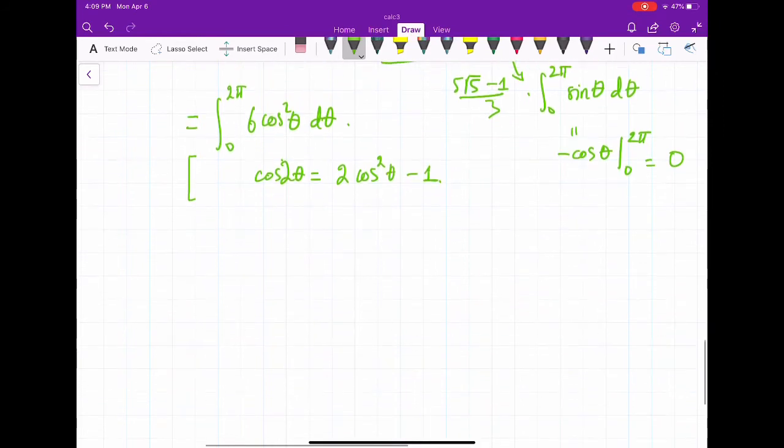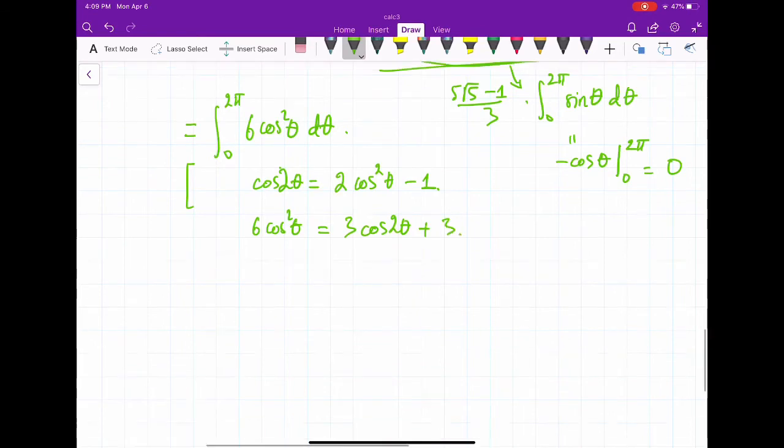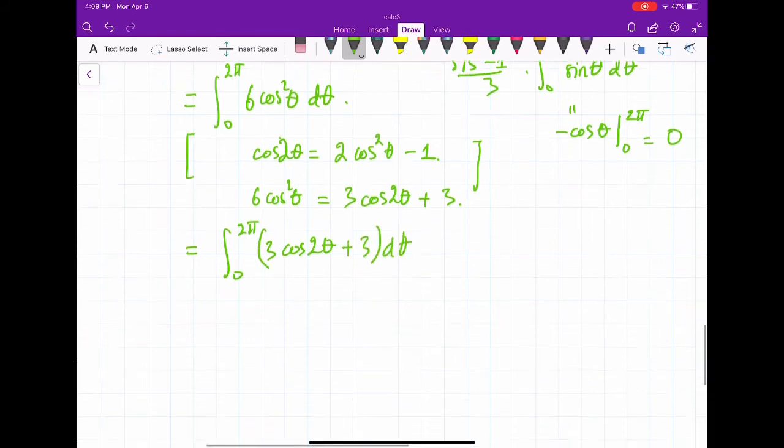Okay, so from here you have 6 cosine squared theta equal to 3 cosine 2 theta plus 3. Makes sense? And then you just substitute this into the integral. You have the integral from 0 to 2 pi of 3 cosine 2 theta plus 3 d theta.